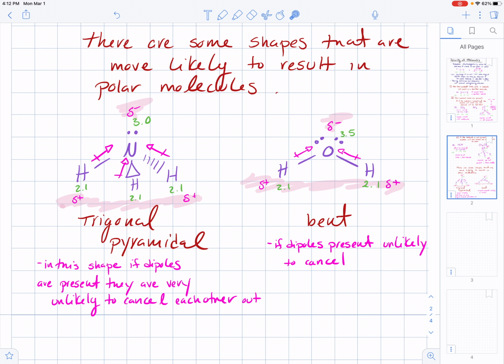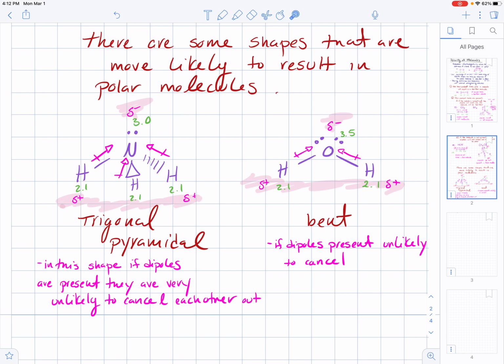So in this case, nitrogen has a 3.0 electronegativity value, and each hydrogen is 2.1. So these are all polar covalent bonds. And in this case, they're all going to be moving toward nitrogen because it has the higher electronegativity.